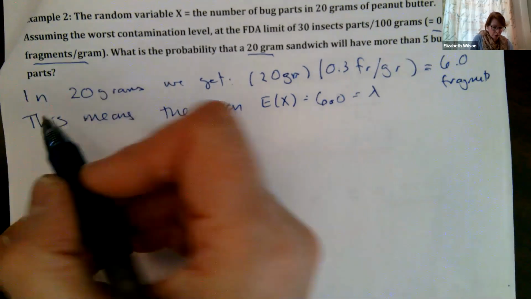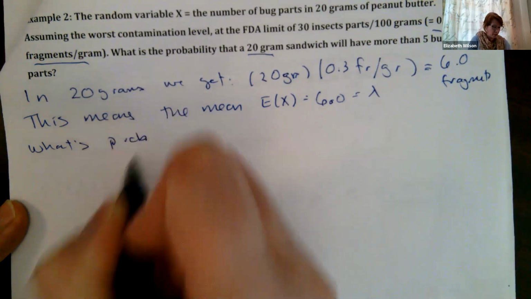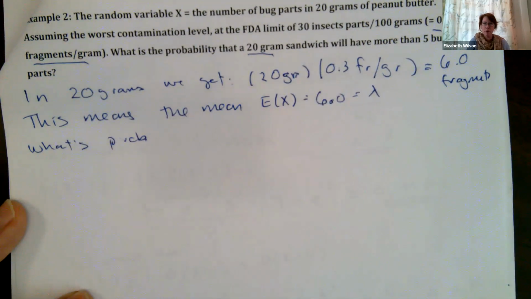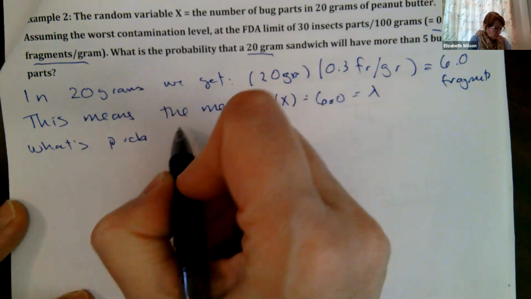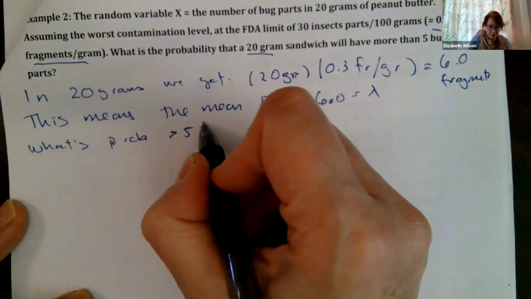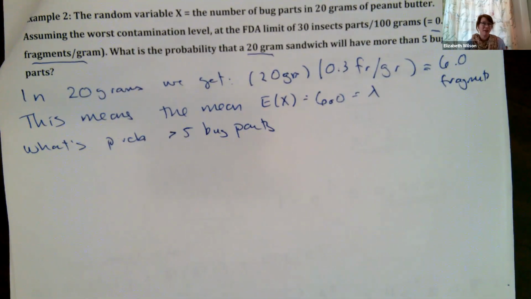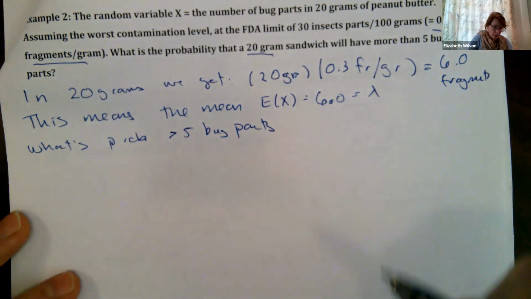So we want to find the probability that a 20-gram sandwich is going to have more than 5 bug parts. I don't want to count out from 5 to infinity, so I'm going to use the complement.